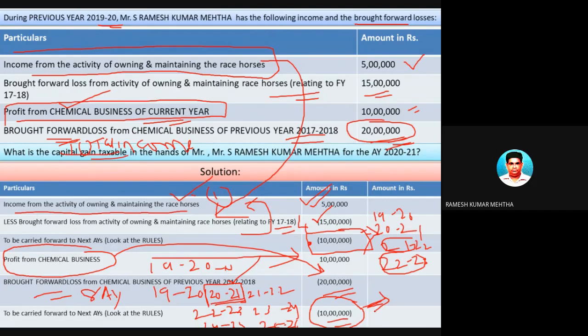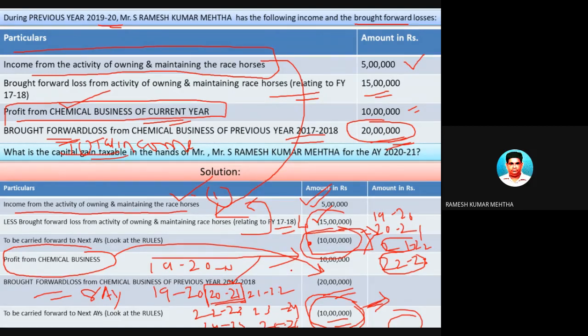Because of this, the total income of the assessee Ramesh Kumar Mehta is only zero, and they can carry forward this 10 lakh rupees as well as 10 lakh rupees of chemical business loss of 2017-18 for respective number of years, and for this you have to look at the rules.